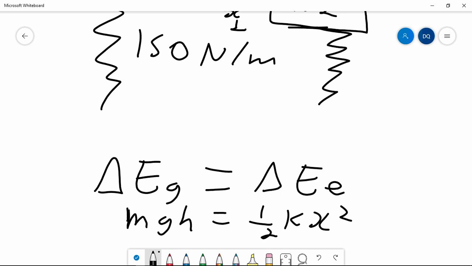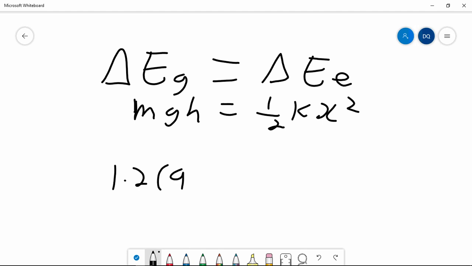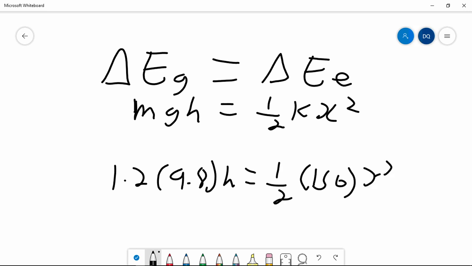So that kind of leaves us with two variables here, which is a little bit of a problem. So you've got 1.2 times 9.8 times h, and that's equal to 1/2 of 150 times x squared. So you can't really solve one equation with two unknowns.